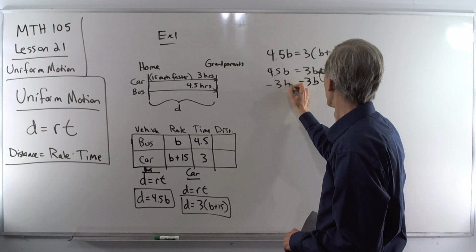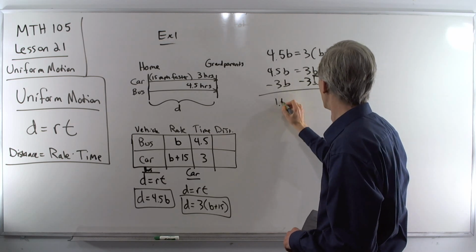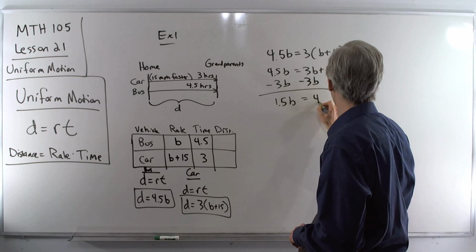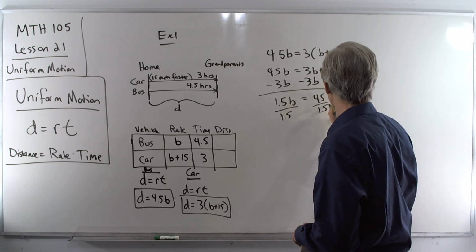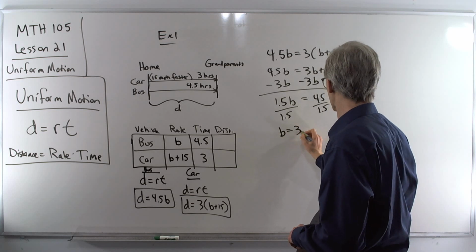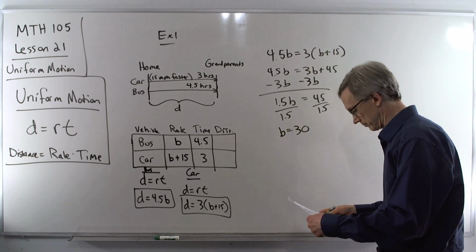And we get all the b's to the left. Solving for b, we get b equals 30.